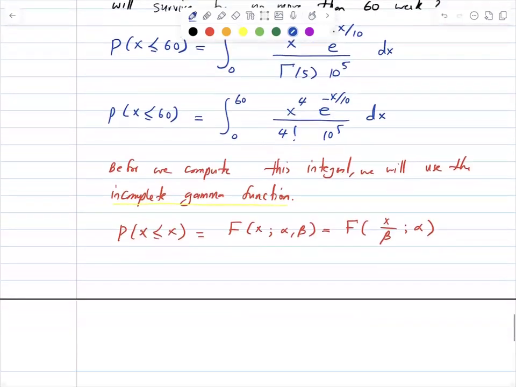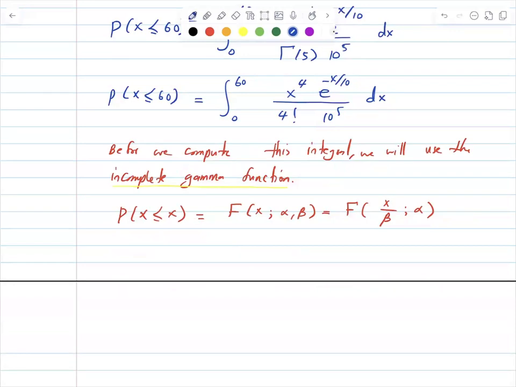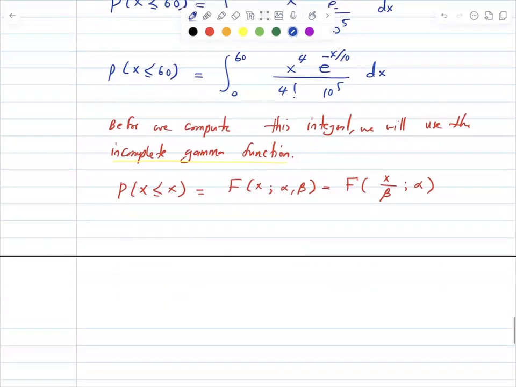In order to use the incomplete gamma function, we can make some adjustments. So basically, we can write y to be equal to x divided by beta, or x is equal to beta times y.